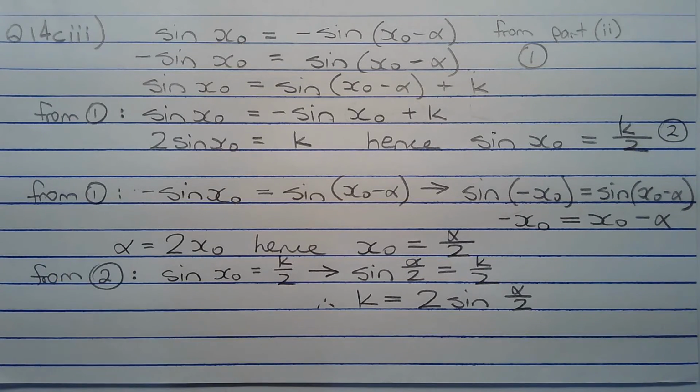Also from equation number 1, negative sin x0 equals sin(x0 minus alpha), and sine is an odd function, which means negative sin x0 can be written as sin(negative x0). So sin(negative x0) is equal to sin(x0 minus alpha). Taking the inverse sine of both sides, we get negative x0 is equal to x0 minus alpha. Now we can express alpha in terms of x0.